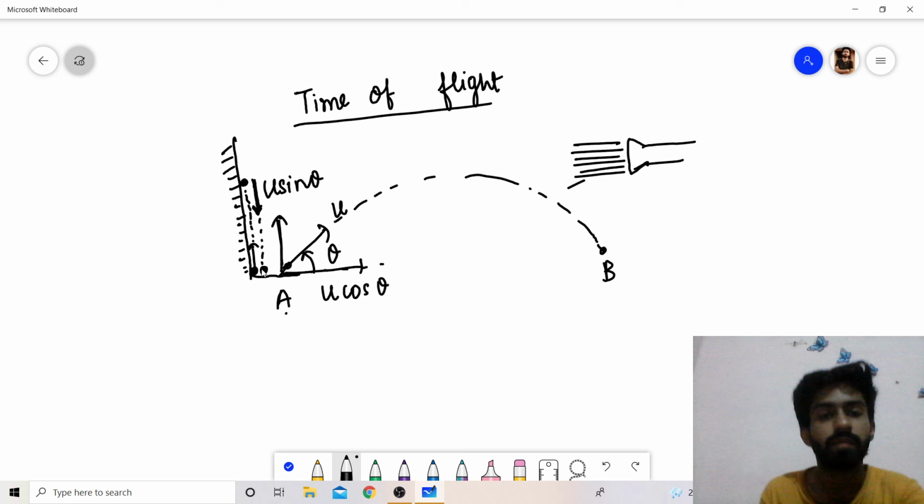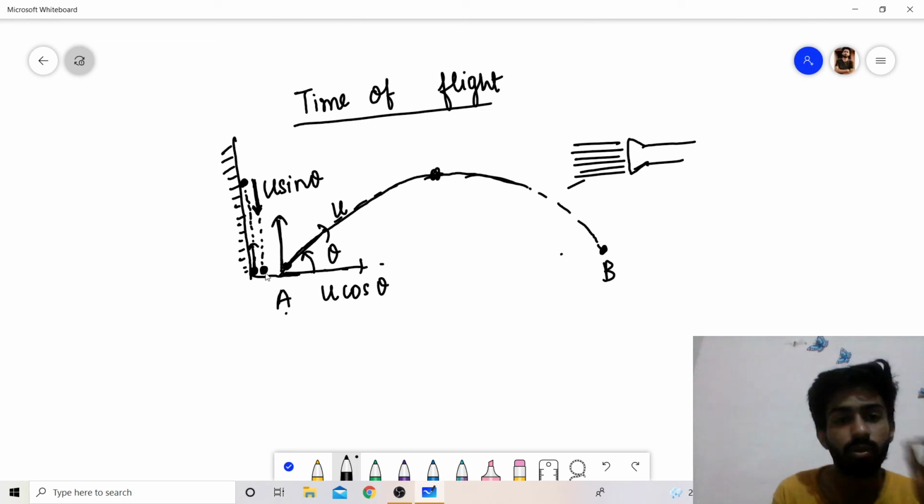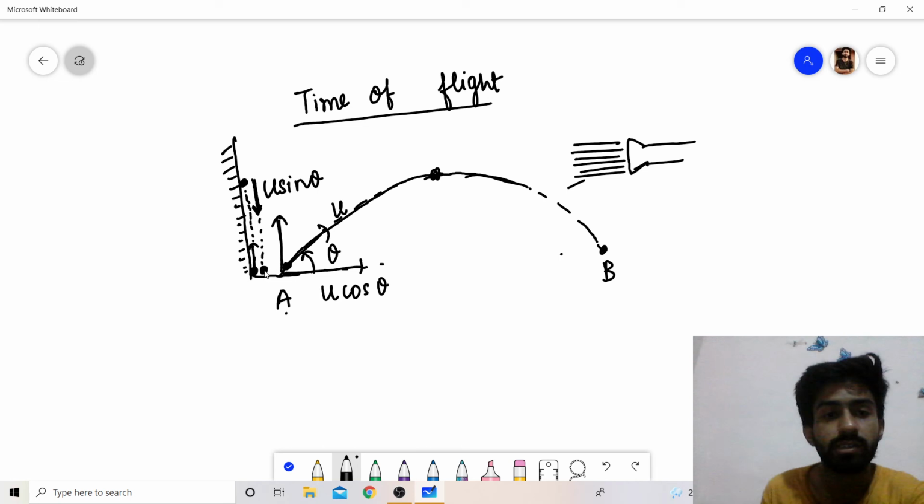As the ball is moving, the shadow is also moving. When the ball is at the maximum height, the shadow is at its maximum height, then the ball starts going downward and the shadow starts going downward, and when the body reaches point B, its shadow reaches again the point from where it started.